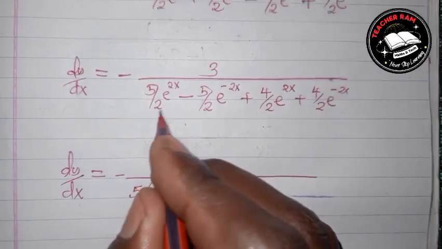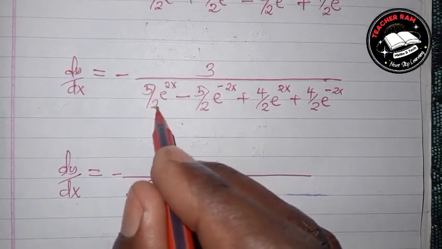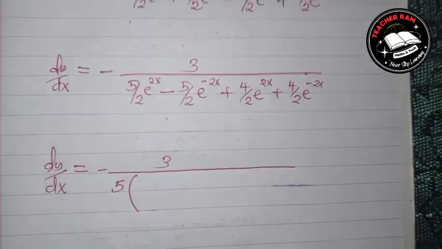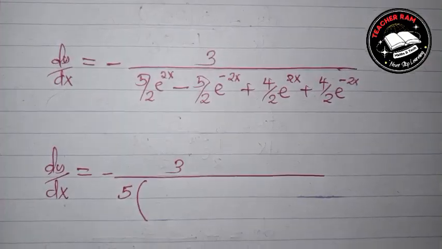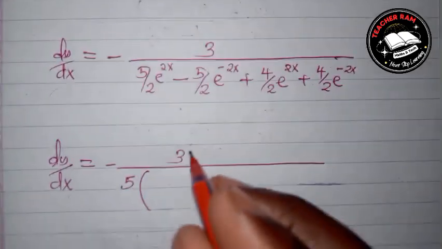Inside, even though 2 is common, we are going to leave 2 remaining inside, so that we can get the function sinh or cosh. Let us see what is going to happen.